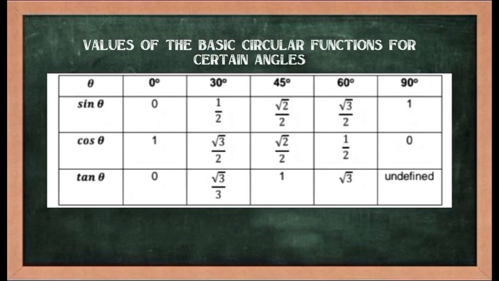For cos theta, 0 degrees is equal to 1, 30 degrees is equal to square root of 3 over 2, 45 degrees is equal to square root of 2 over 2, 60 degrees is equal to 1 half, and 90 degrees is equal to 0. For tan theta, 0 degrees is equal to 0, 30 degrees is equal to square root of 3 over 2, 45 degrees is equal to 1, 60 degrees is equal to square root of 3, and 90 degrees is undefined.